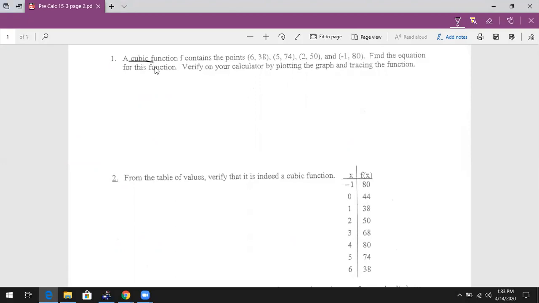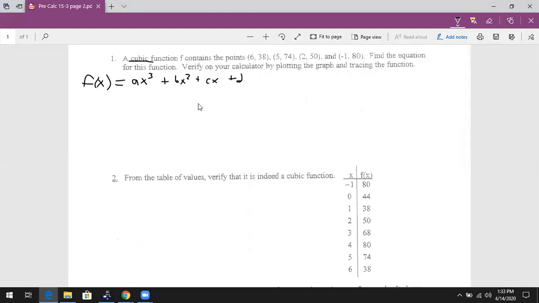So I know it's cubic, which means f of x is going to equal ax cubed plus bx squared plus cx plus d.